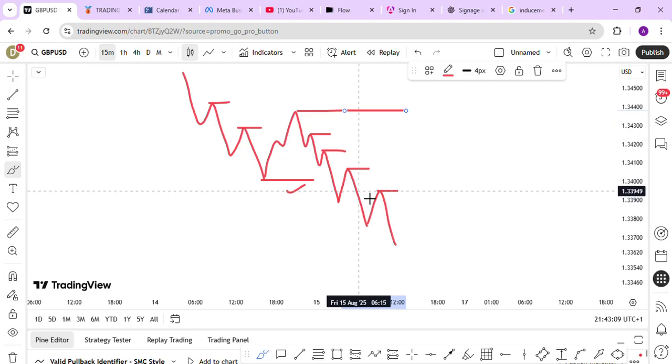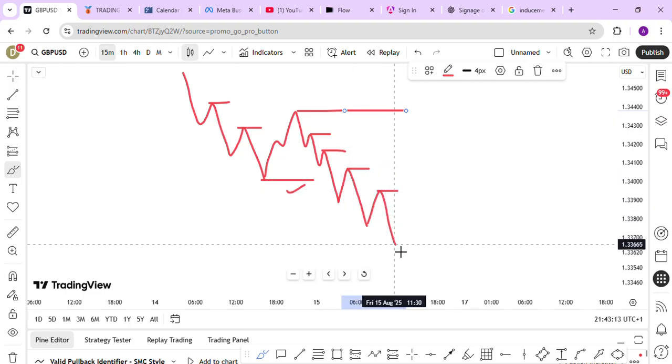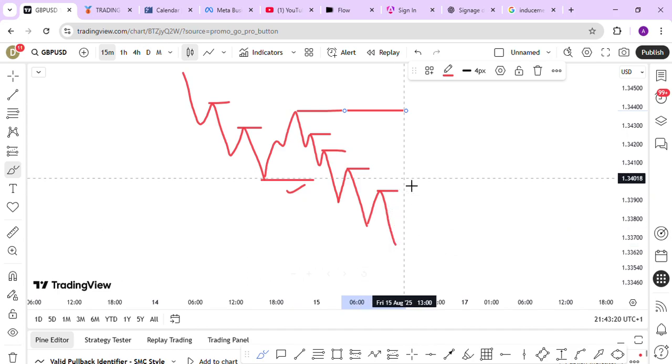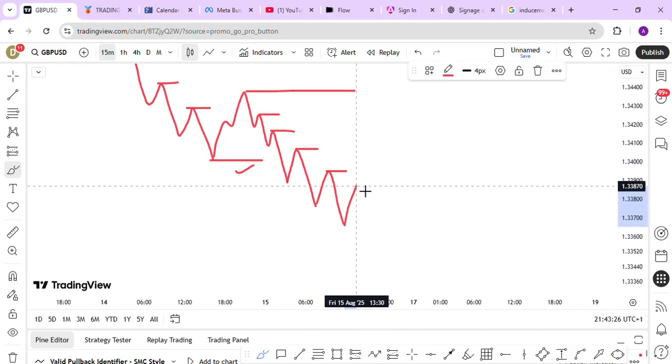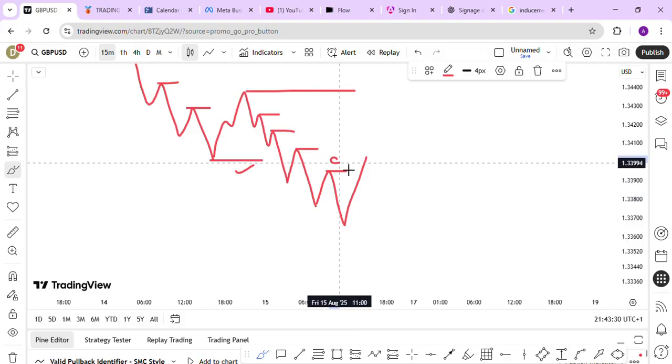So let's say you are trying to sell here. Maybe you sold here, you sold there. At the end of the day, that's when you will see the situation whereby the market will just flash up, take out all this liquidity, then drop. So what we are going to focus on is whenever the market takes out this high, this last pullback, then we identify that inducement has been taken.